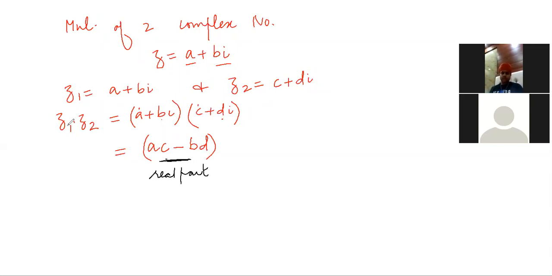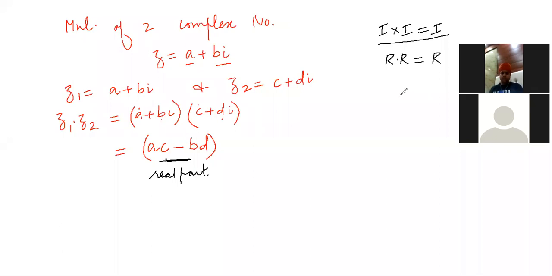Remember, just like integer into integer is always an integer, and a rational number into a rational number is always a rational number. Just like a natural number plus a natural number is always a natural number, and a natural number multiplied by a natural number is also a natural number.